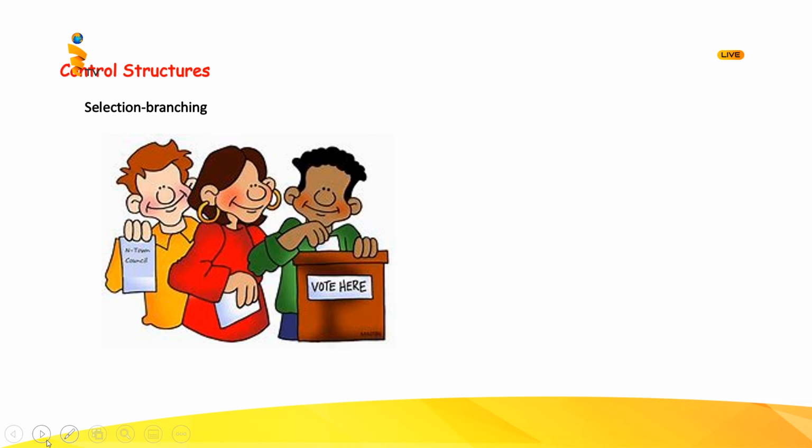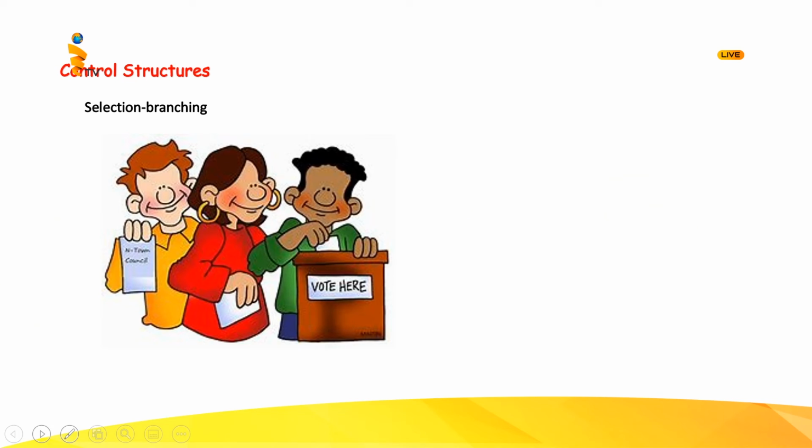They had to have a choice, they had to select one over the other. So in these kinds of questions we have the control structure selection, or there may be a branching selection. So we will look for an example in that selection.